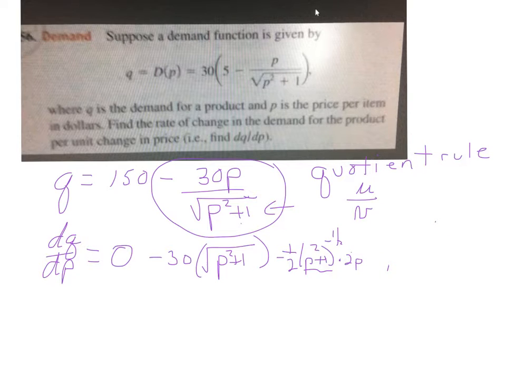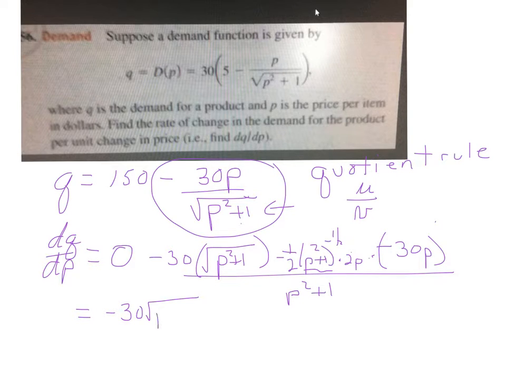So let me take this out so it doesn't make it too confusing. Okay, so we're going to multiply that by, I guess we'll call it negative 30p because that negative sign is there, okay? And then that whole thing is going to be over the square root of p squared plus 1, squared, which just gives us p squared plus 1 if you square a square root. And so here we've got negative 30 root p squared plus 1. And then we've got 1/2 times 2, so they'll cancel each other out.